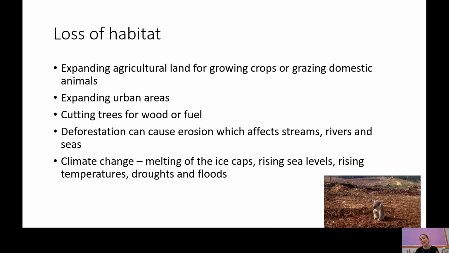And I think this is one of the key risks or threats to animals today, and it's a loss of habitat due to what humans are doing. So this is for a number of reasons. We are expanding our agricultural land, so that's when we grow crops for food or to graze our animals such as cows and sheep.